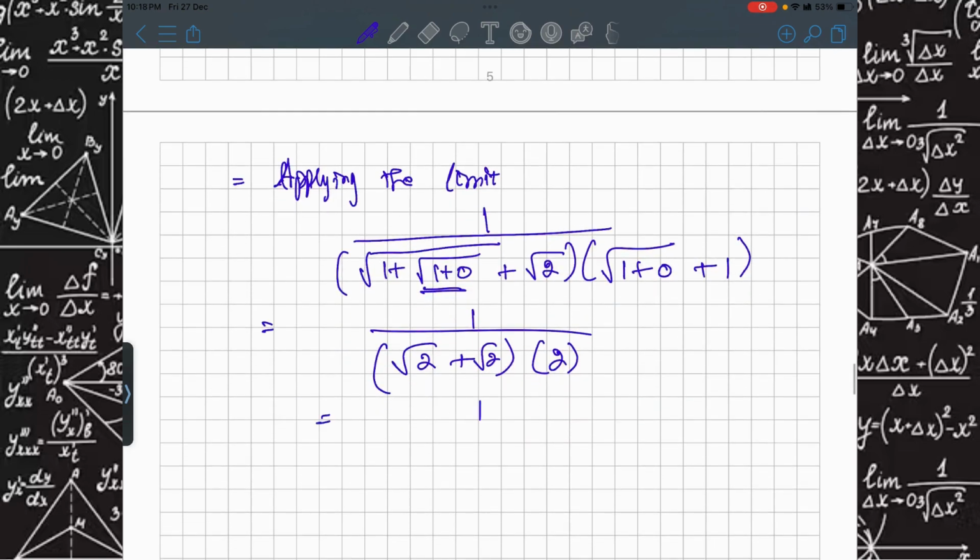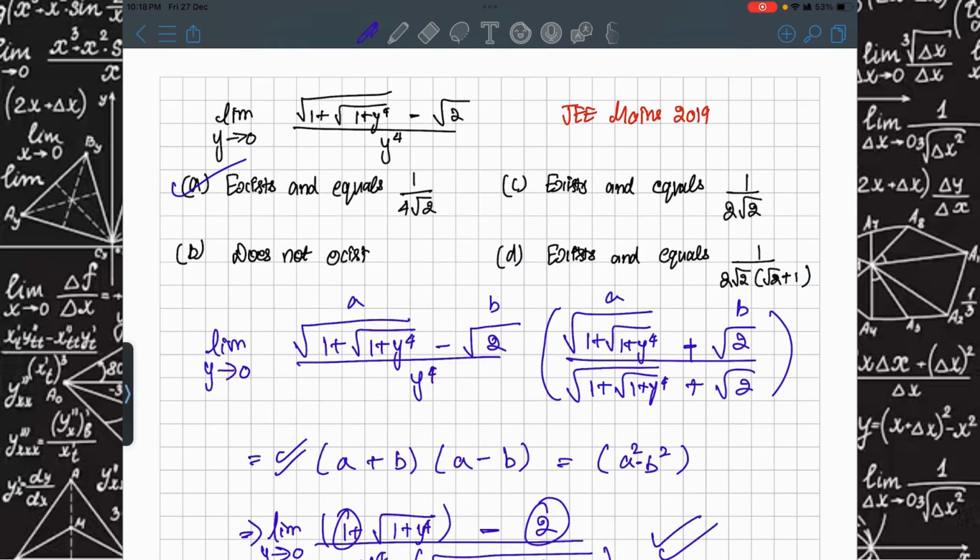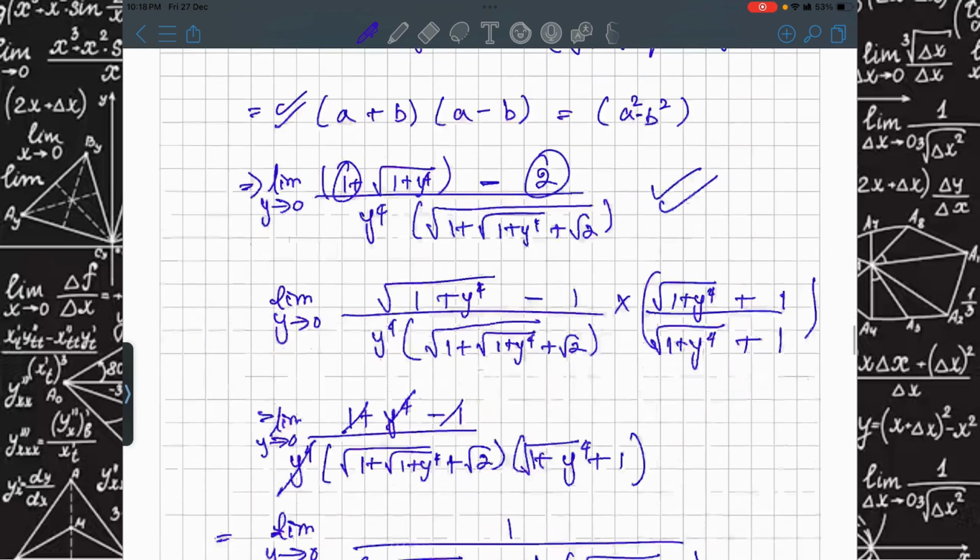So it is 2 root 2 times 2, it's nothing but 4 root 2, right? 4 root 2. So this is the final answer, and the option is the limit exists and it equals 1 divided by 4 root 2.